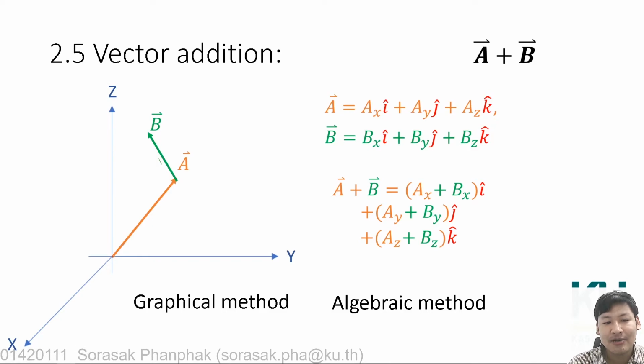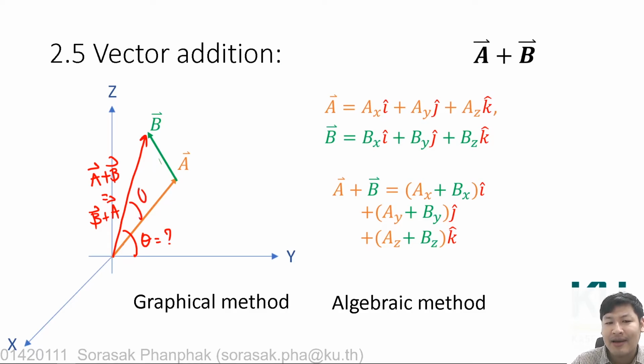So the resultant vector of A plus B is here. This is A plus B, which is the same as B plus A, right? So this is the graphical way, and you have to check the size of this, find the angle, and what the angle between these is.